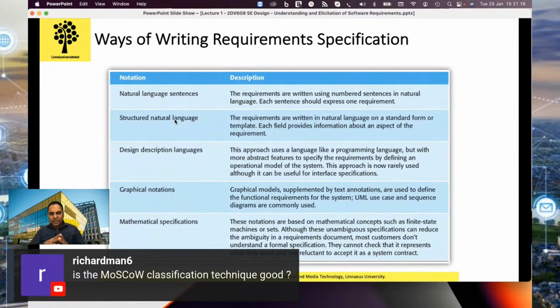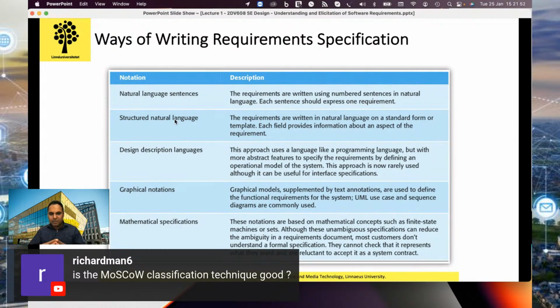So there are many ways, as I mentioned, to write or specify requirements. Natural language is one of them, but there are design notations, graphical notations, and mathematical notations, and all of them have their own pros and cons. Some suit different audiences than others. For example, people who don't have technical knowledge rely more on natural languages.